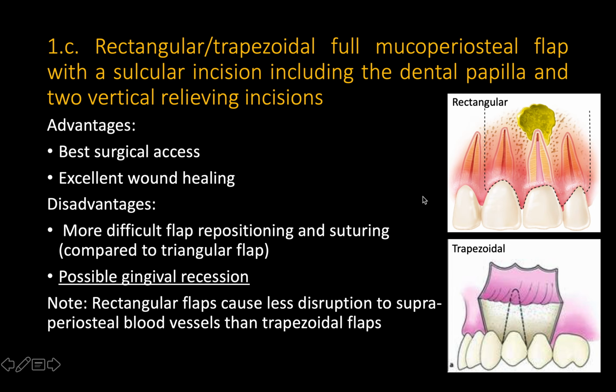Some disadvantages of these flaps, of course, they will cause gingival recession because they include a circular incision, and also, because the flap will be movable, it is sometimes difficult to reposition and suture these flaps because the flap is mobile from both sides.